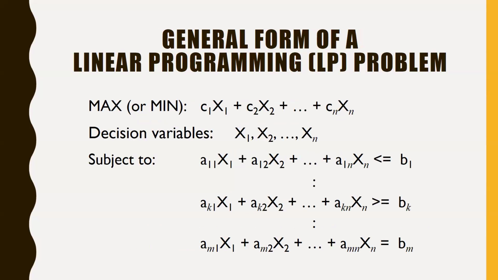As I talked about in integration, with linear integration we have only one equation, but here we have constraints as well. A constraint is also a function: a11 x1 + a12 x2 is less than or equal to some constant, or greater than or equal to some constant. This is the constraint, or sometimes we call it subject to. The maximum and the decision variables should correlate with this constraint.